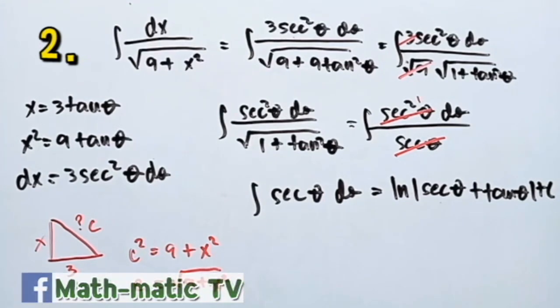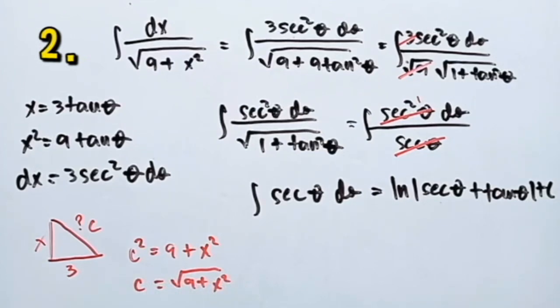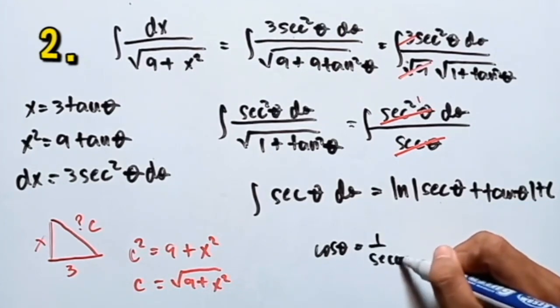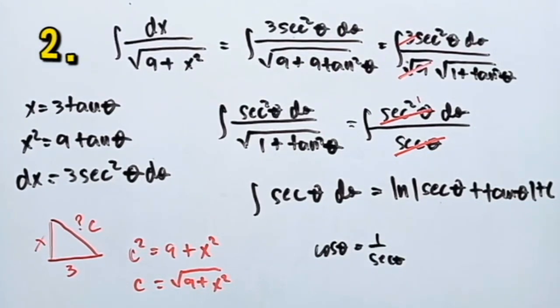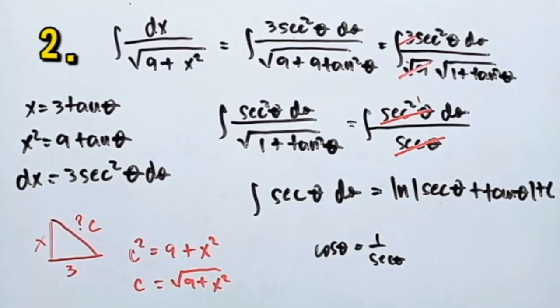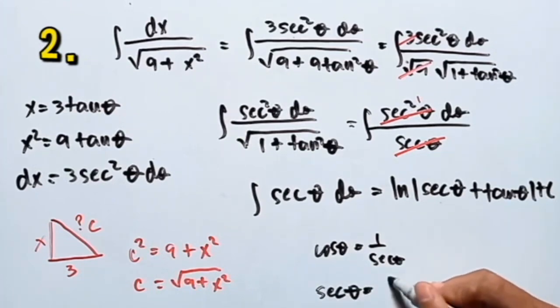Now we can get the value of secant theta. Since cosine theta is equal to 1 over secant theta, cosine theta is equal to adjacent side over hypotenuse. Therefore, secant theta will be the reciprocal of cosine theta. So secant theta will be hypotenuse over adjacent.